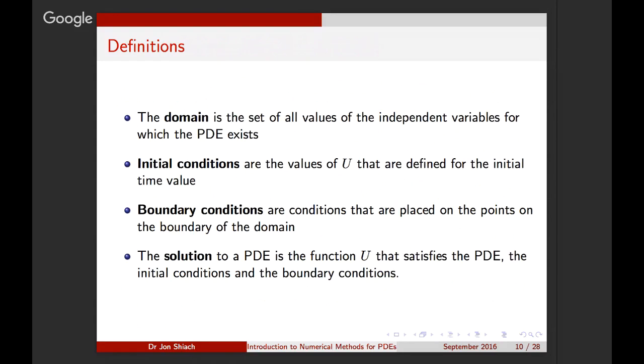So we're trying to find an approximation of u, and that solution has to satisfy the PDE. If we find some values of u, they have to satisfy the PDE. No good if they don't, because we're not solving that equation. It also has to satisfy the initial conditions and the boundary conditions.